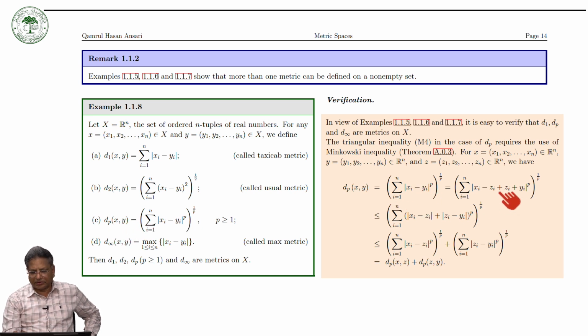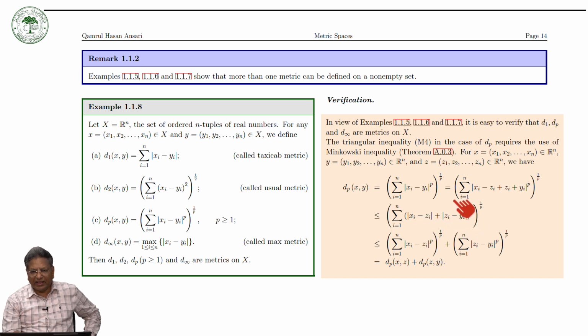Now you can add and subtract zi here, and use the property of mod, that mod of x plus y is less than or equal to mod of x plus mod of y. So we can write mod of xi minus zi plus zi minus yi.